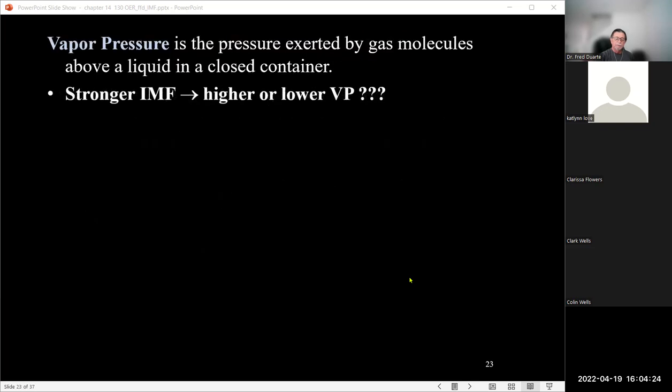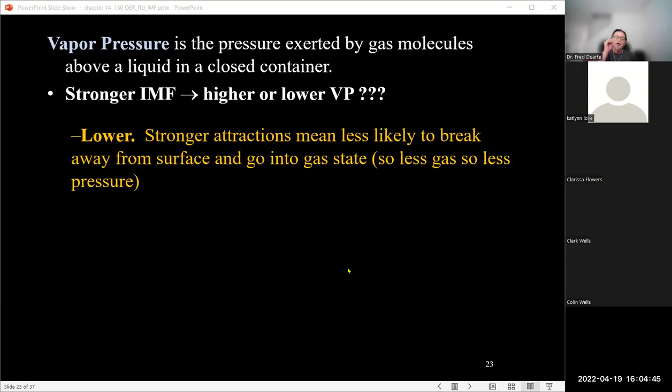All right, so the question here about vapor pressure is as follows. Vapor pressure is the pressure exerted by gas molecules above a liquid in a closed container. Strong IMF would have a lower vapor pressure, okay?